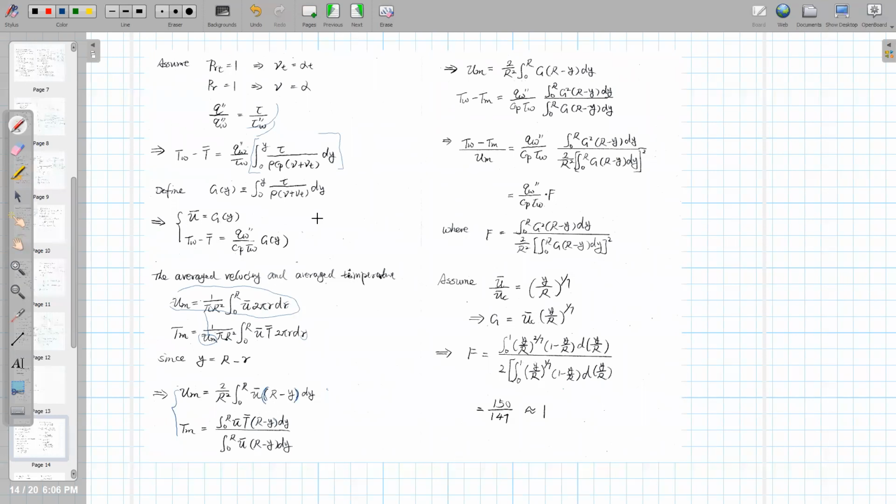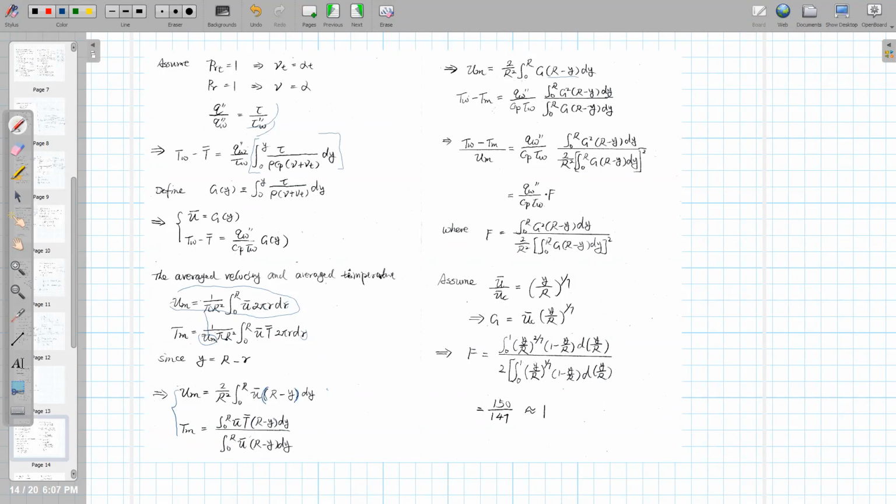You replace this u bar with the g value, and you have this g squared. Similarly for T_m, u becomes g. The temperature field is also related to g. Basically we bring these two equations for u and T into the equation for uT here. You get two new additional terms, U_m and T_w minus T_m, which are functions of g in the integration. We do not know what the g will be.